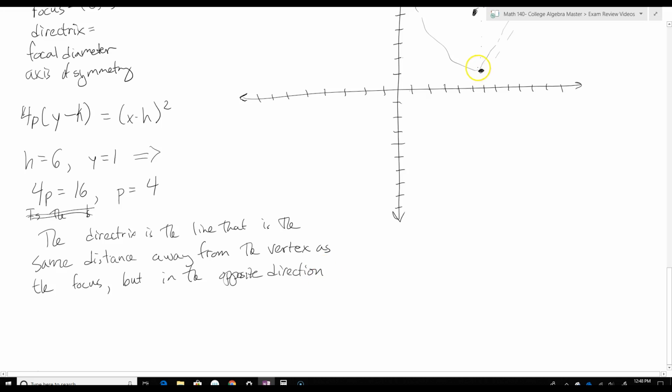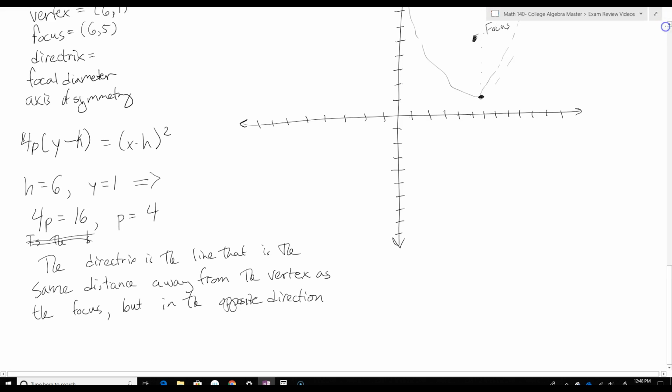So I knew that the focus was 4 above my vertex. What that means is that the directrix is going to be 4 below it. So that's 1, 2, 3, 4. That's at -3, and it's going to be this line right here. Okay, so there's my directrix. My directrix ends up being the line y equals -3.